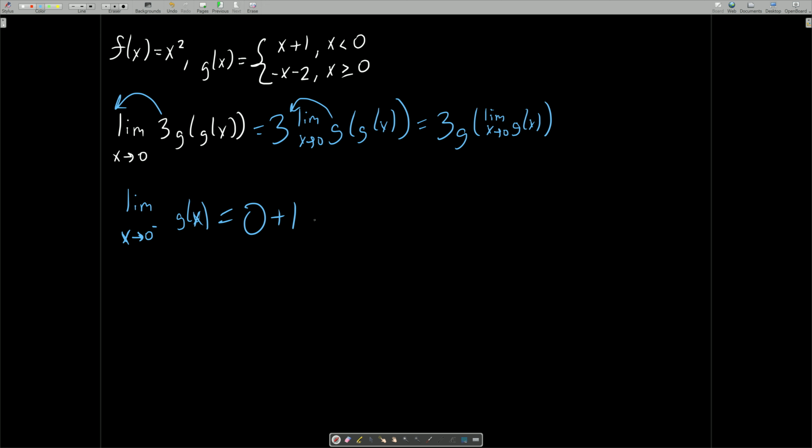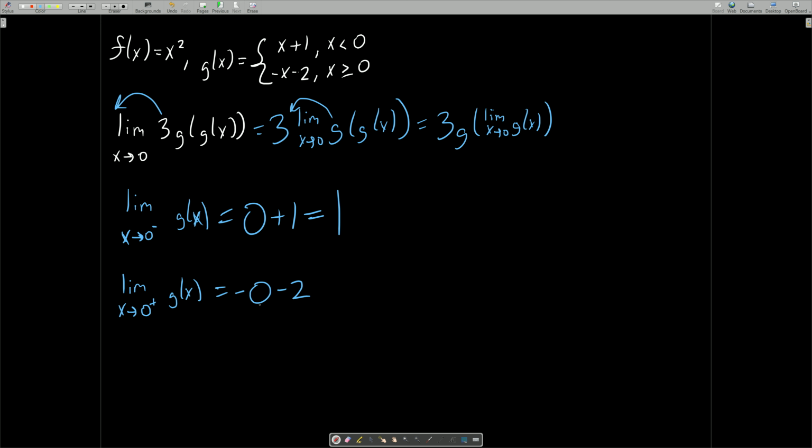So that means 0 plus 1 would come out to 1. Now, let's do it from the right. So we do it from the right, so that means we're dealing with values that are greater than 0, and we're approaching 0. Now we use this bottom expression here, negative x minus 2. So that would be negative 0 minus 2. It just turned out to be negative 2.